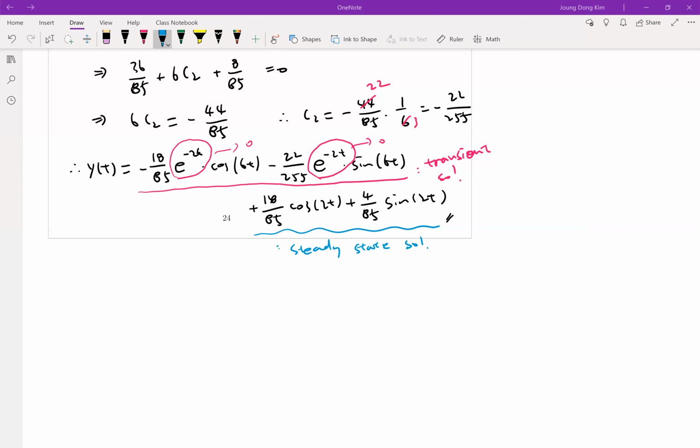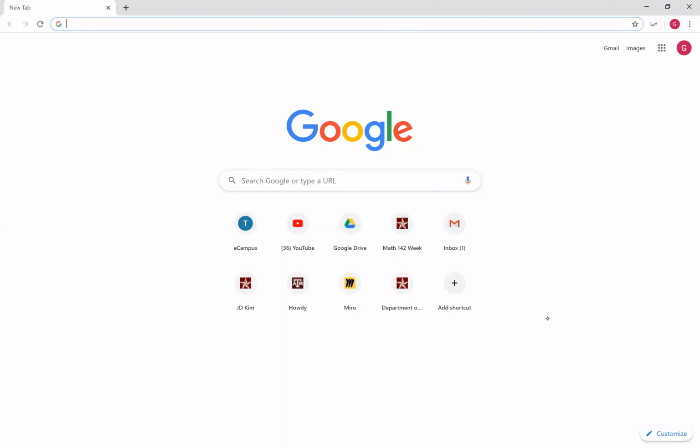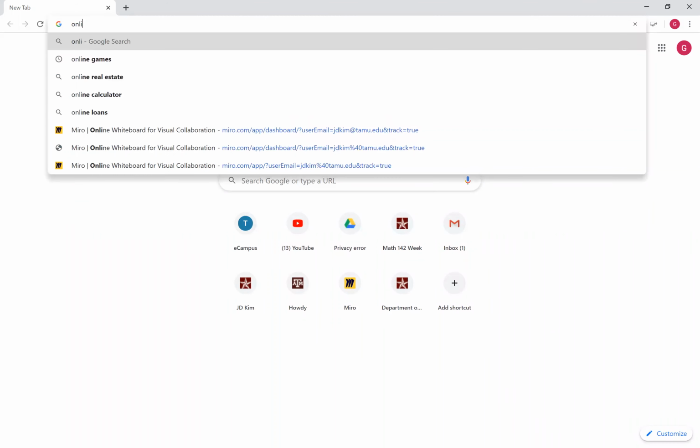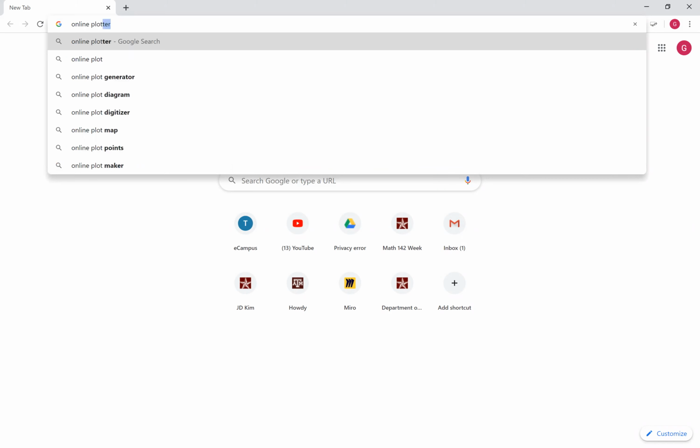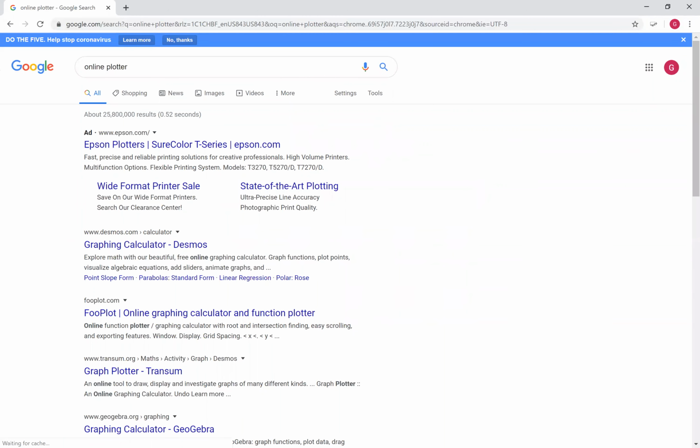Let me show my web browser. Can you see this? There are a couple of tools there, so let's find an online plotting tool. There are a couple that I'm familiar with, like Desmos.